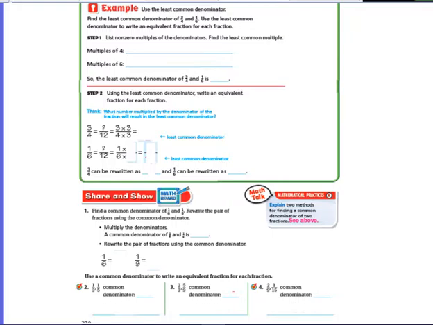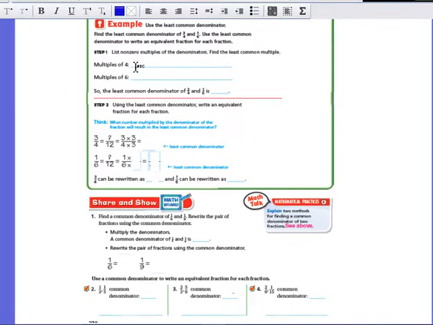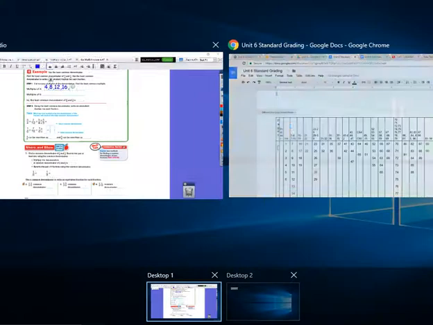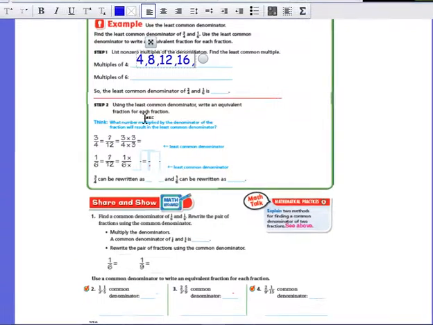So if we're going to do that, we have 4s. Remember, multiples are 4, 8, 12, 16, 20, 24.